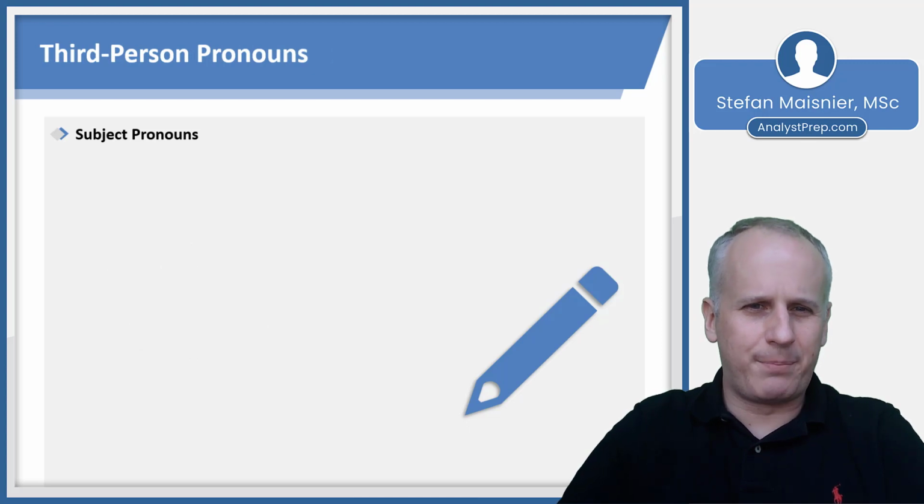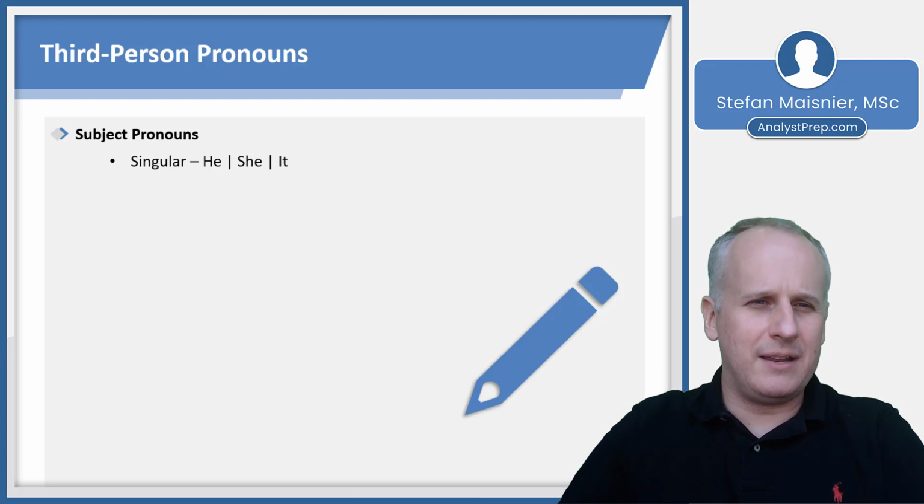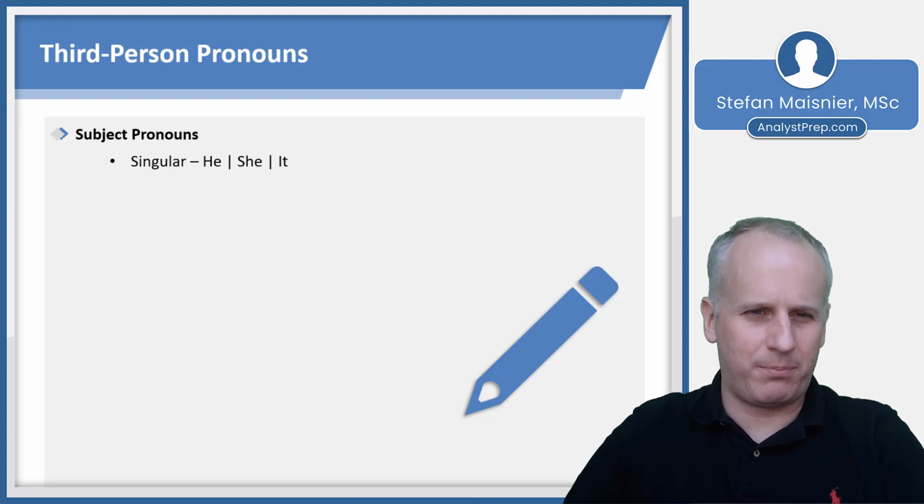Now, the third person pronouns are going to be the most relevant. Your subject pronouns, as your singulars, are "he," "she," or "it." So he did something, she did something, it did something. In terms of gender, you cannot use "they" or "them," the plurals, as a replacement for a singular pronoun. But the GMAT is not going to get into any sort of gender-based debate.